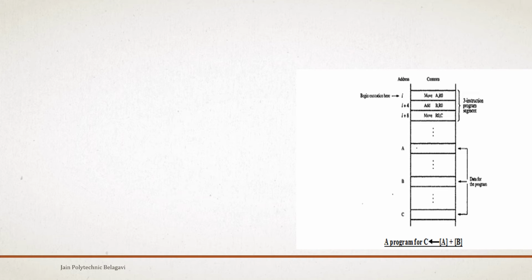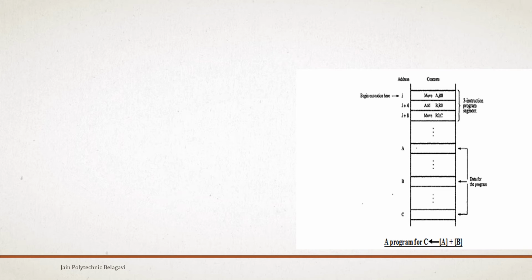Now R0 contains the contents of location A. Now we have to add B, so add B comma R0. The contents of B and R0 are added, and the result is again stored in R0. Now R0 contains the addition result of A as well as B.